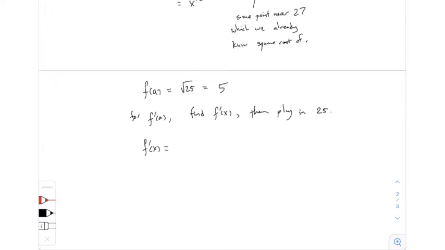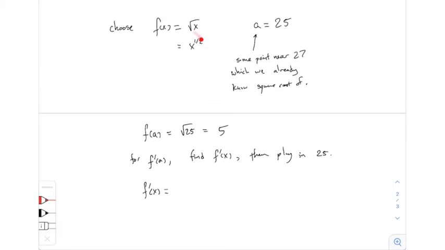You have to take a derivative. Here's F of X, it's X to the 1/2. So what's F prime of X? Somebody want to shout it out? 1/2 X to the minus 1/2. Great. So that's F prime of X, which means F prime of A, which is F prime of 25, is 1/2 times 25 to the negative 1/2.